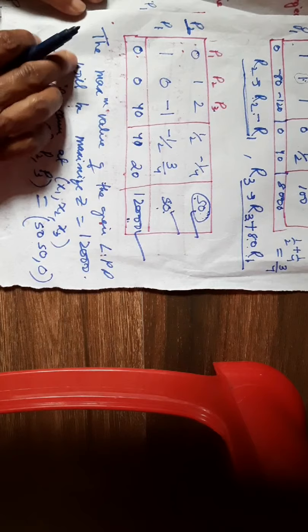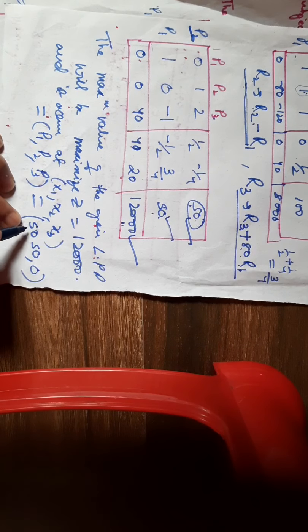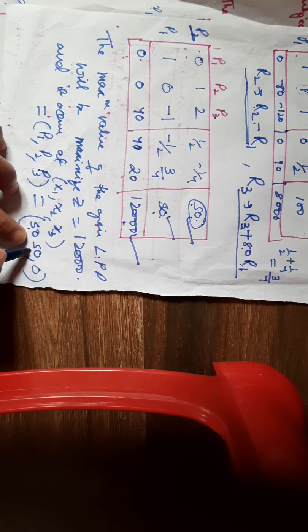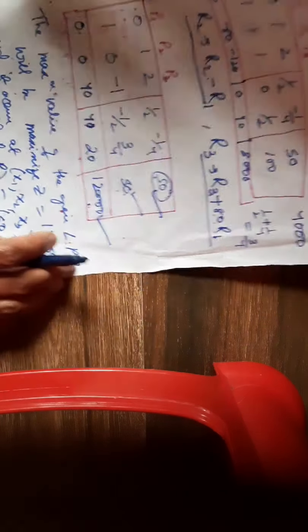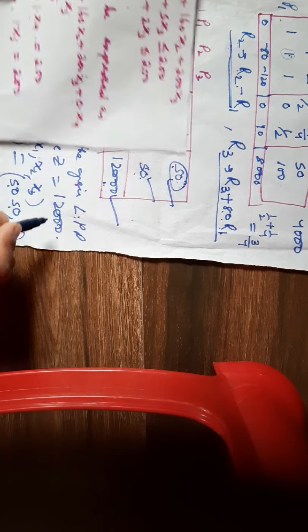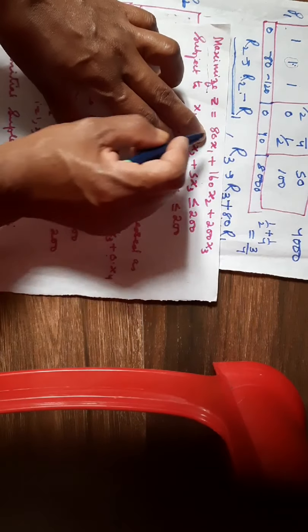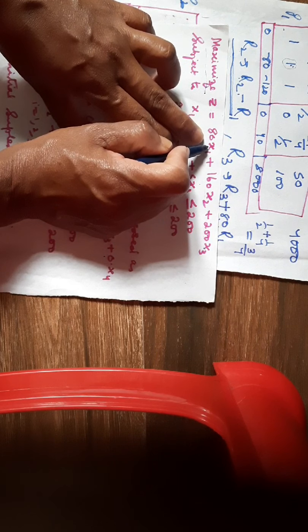Now, if you want to check whether these values, X1 equal to 50, X2 equal to 50, X3 equal to 0, give the value of the objective function as 12,000, the maximum value, then you can cross check it here by putting X1 equal to 50.